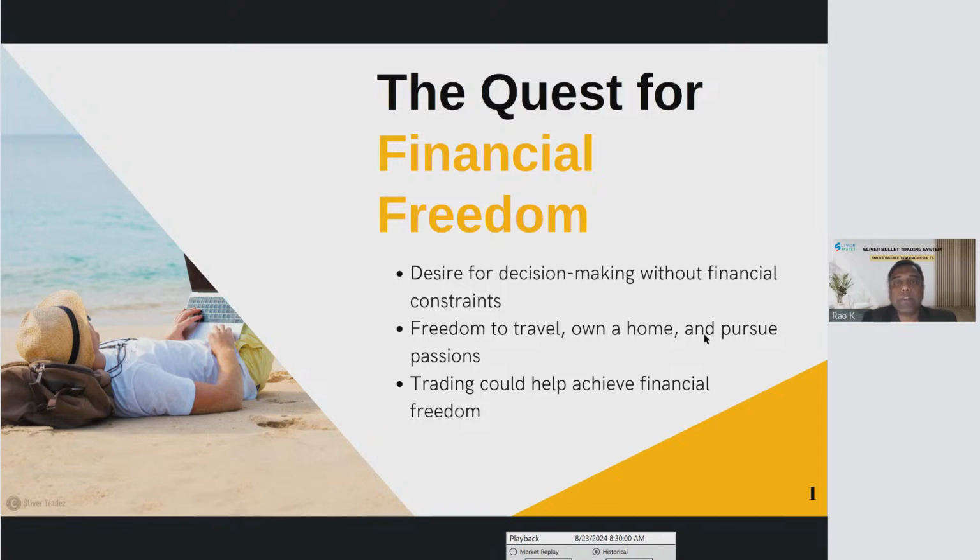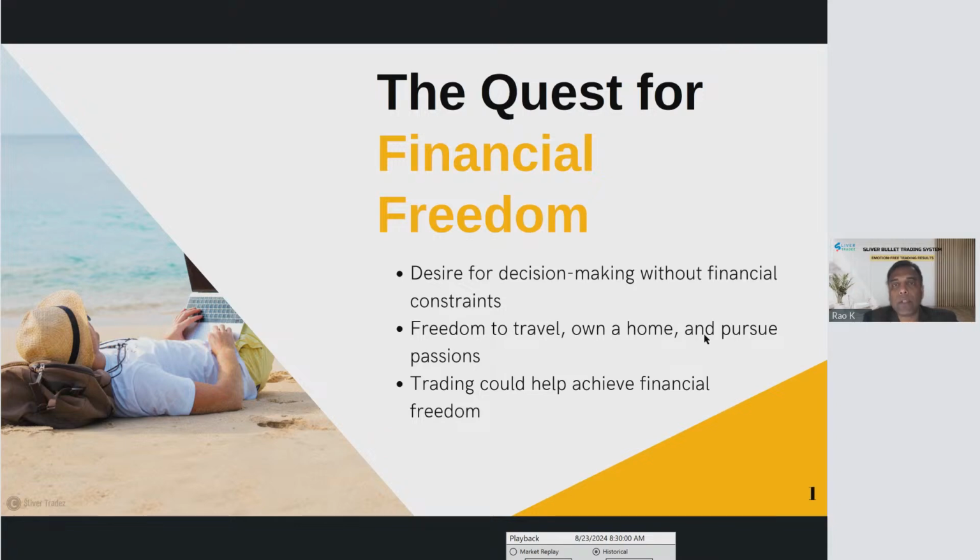And let's define financial freedom. How would we define it? I would like to define financial freedom as the desire for decision making without financial constraints. If you are able to do that, that's financial freedom.